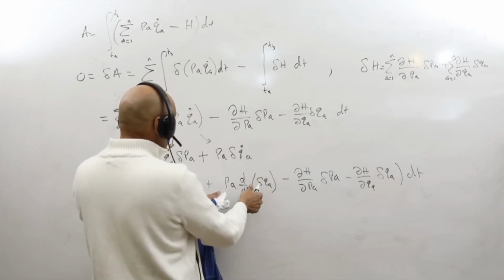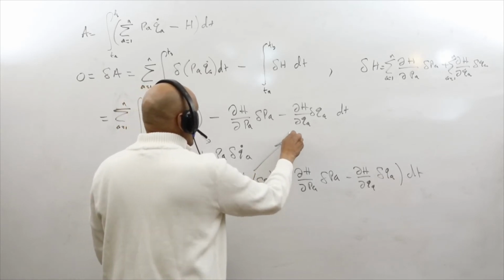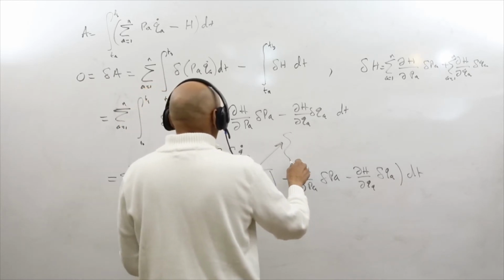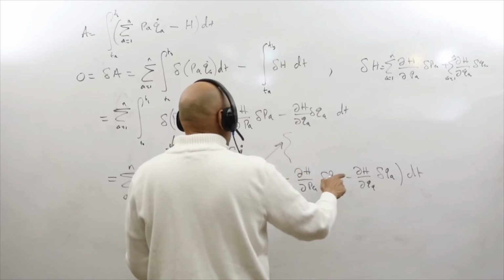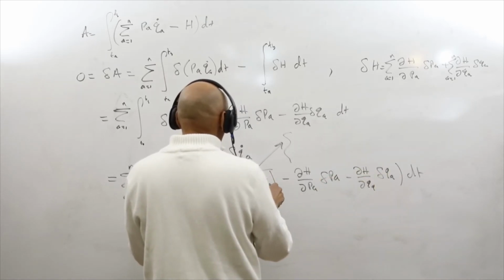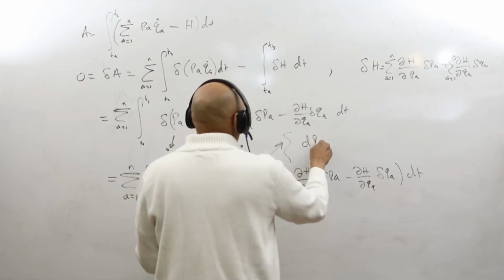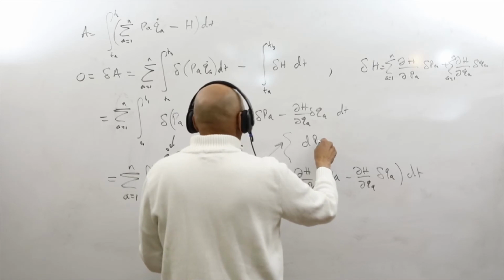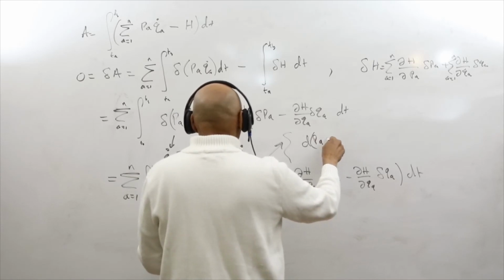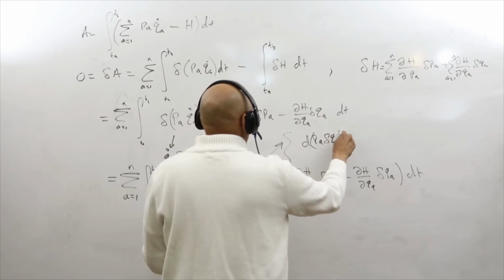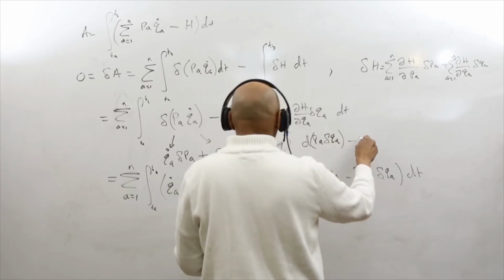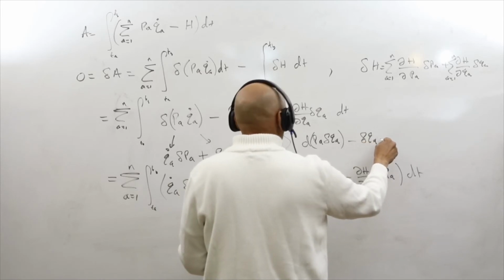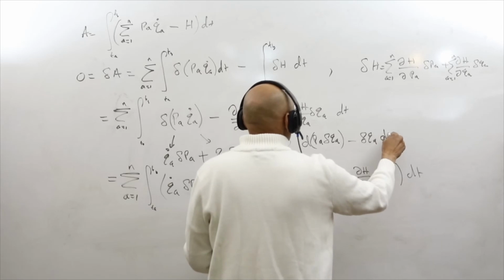So if you take this term and I'll put it over here, this term becomes, by using integration by parts, a dPA, and then you'll get this as the PA variation of QA minus variation of QA dPA.